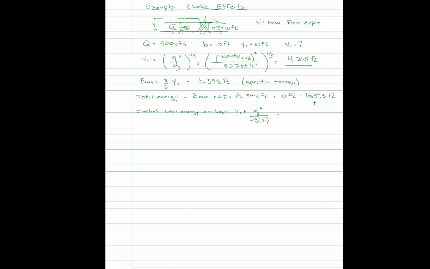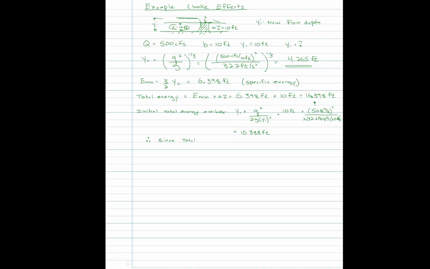And so our initial flow depth was 10 feet, and the initial velocity head was 50 feet squared per second as the flow per unit width, squared, divided by 2 times 32.2 feet per second squared. And then the initial depth was 10 feet. Square that. And so the total initial energy that was available was 10.388 feet.